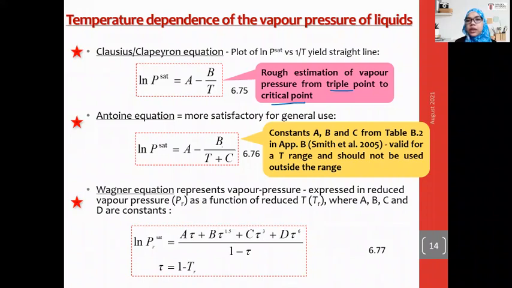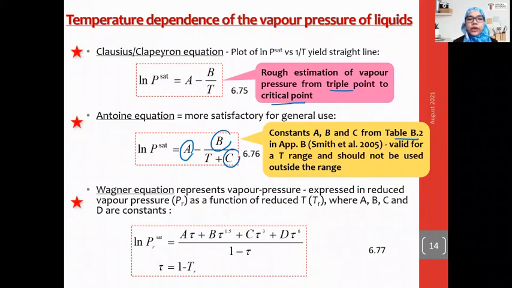Each substance has its own Antoine equation, with A, B, and C as constants for each substance. You may refer to these values in Table B2 of your reference tables, which are valid for the stated temperature range and should not be used outside it. For each substance, the range of temperature is already mentioned alongside the constants.